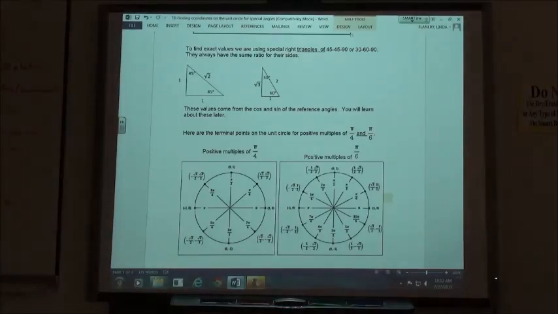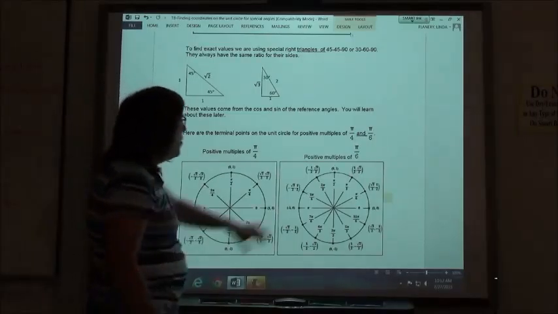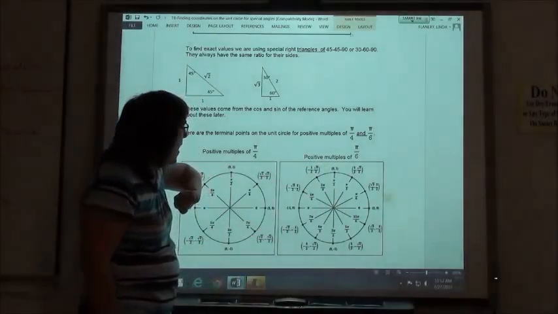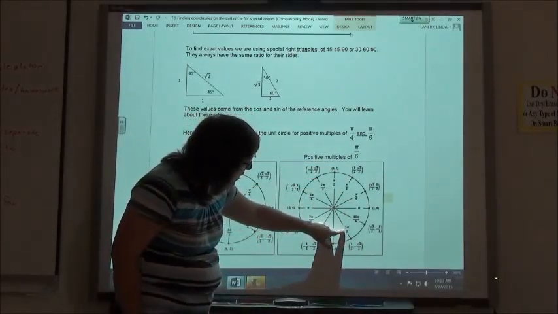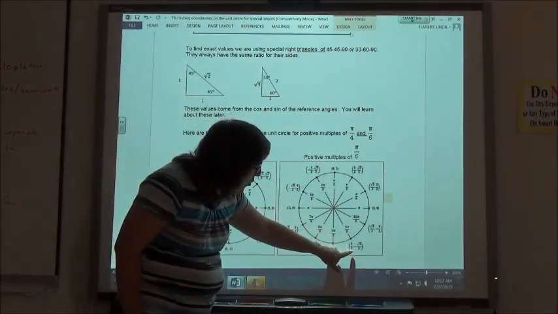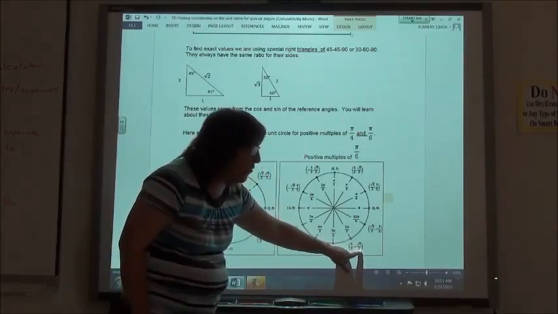So if you look at the first one, it was 5 pi over 3. So I want to use the ones that are multiples of pi over 6. 5 pi over 3 you can see is way over here. You can see the answer, 1/2 and negative square root of 3 over 2.